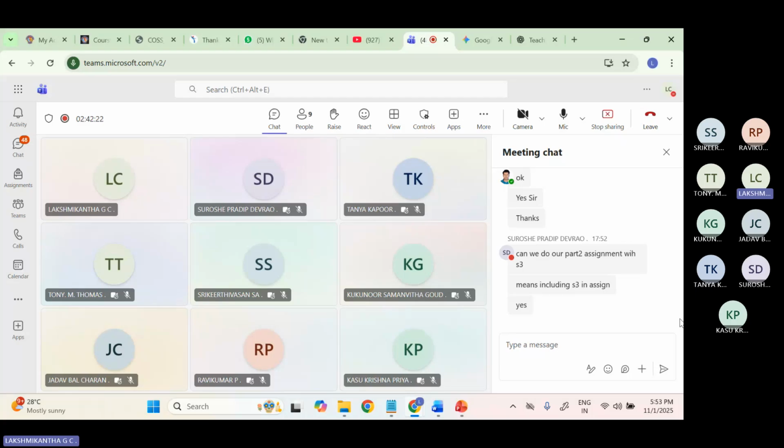For that reason only, I'm asking you, I'm not going to give any extension. So please complete within the given time. Even quizzes have reopened, so anybody who has missed the quiz, please complete your quiz by tomorrow.